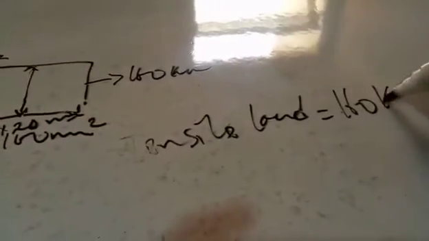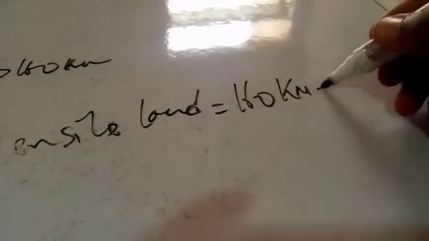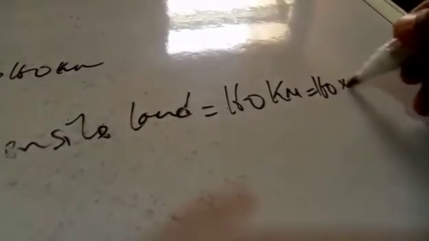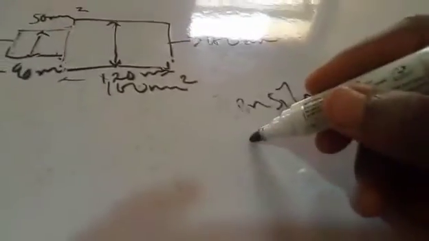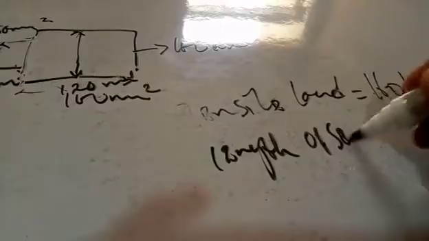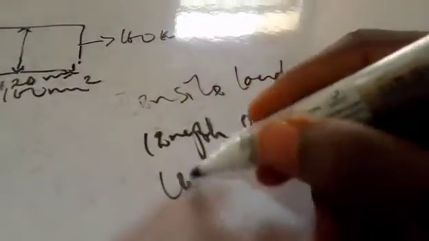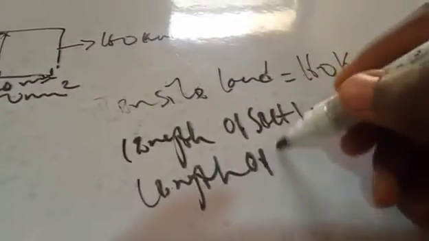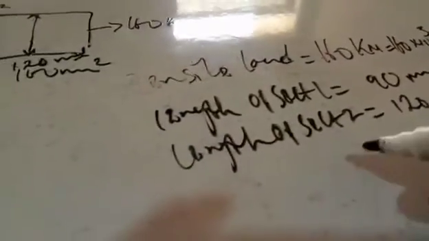To be 160 kilonewton. Converting that to newton, we have 160 times 10 to the power 3 newton. We also have the length of section 1, which is equal to 90 millimeter, and the length of section 2, which is equal to 120 millimeter.